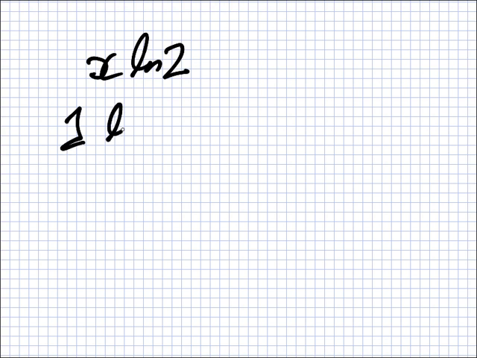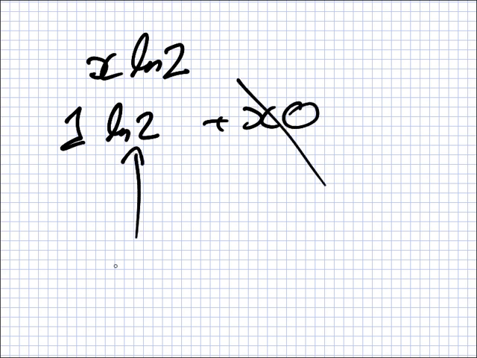Okay, let's see what happens. x log 2. So what's the derivative of x? 1, times log 2. And what's the derivative of log 2? 0. So the answer is log 2.